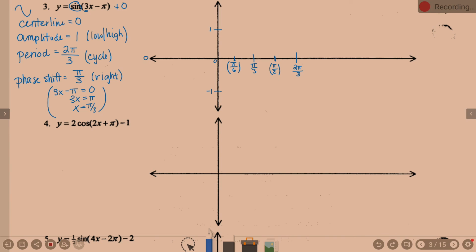Now, what's the catch before I draw this? We're going to have to do a phase shift of pi over 3, right. Look at my farthest right point. What is pi over 3 to the right of 2 pi over 3? Because 2 pi over 3 plus 1 pi over 3 is 3 pi over 3, which is pi. Now, can you add another pi over 3 in here?